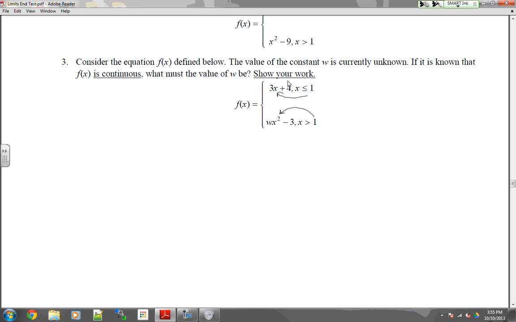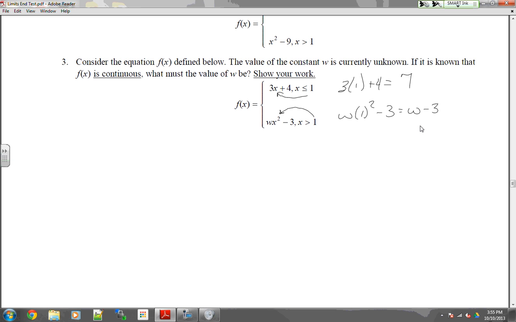So this will be 3 times 1 plus 4, which is 3 plus 4, which is 7. And then this would be w times 1 squared minus 3. So 1 squared is 1, so this is simply w minus 3. Now, if these were equal to each other, we know that the function would be continuous.